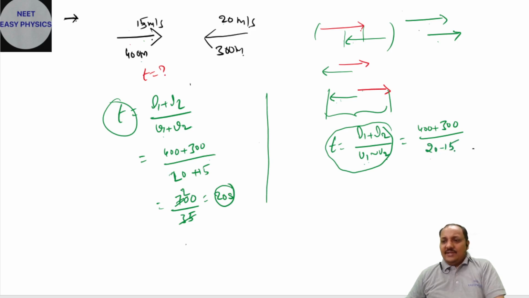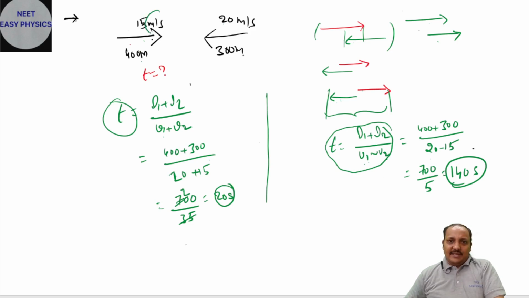Can we write 15 minus 20? We can, because time cannot be negative. So 700 by 5 is 140 seconds. Correct? This is how they are going to give problems on this.